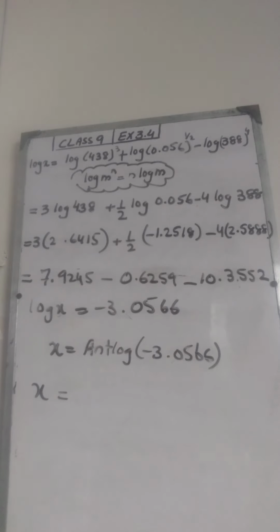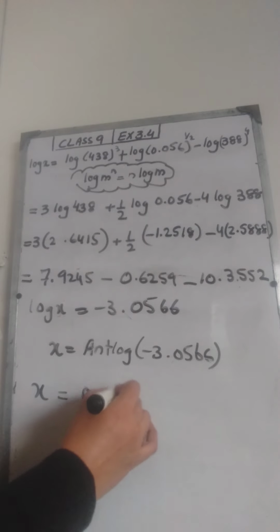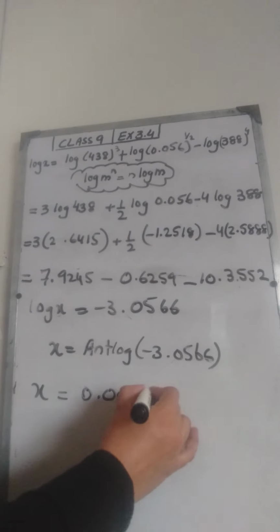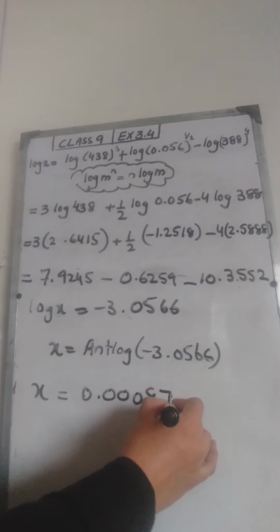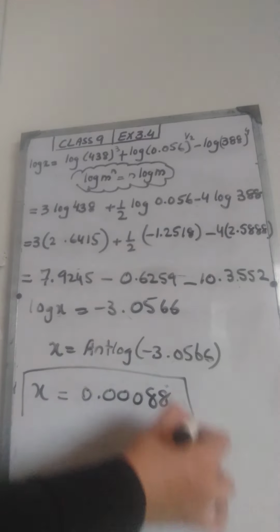Antilog of negative 3.0566 will be equal to 0.00087, or if you round it off, it will be 0.0009. This is going to be our answer.